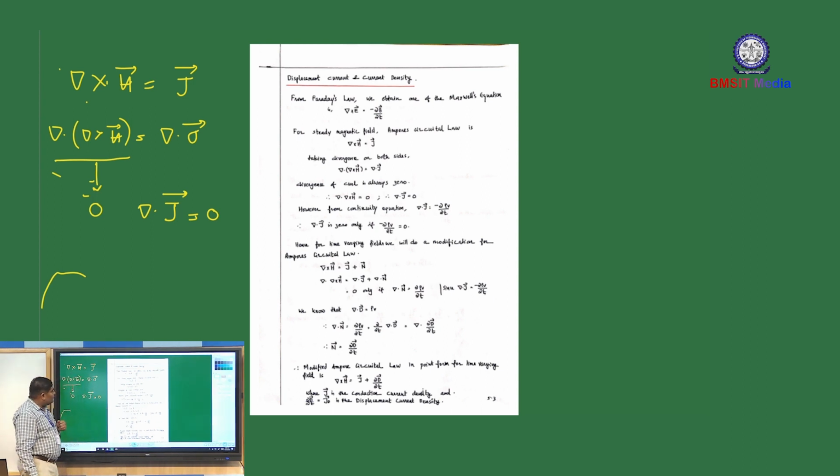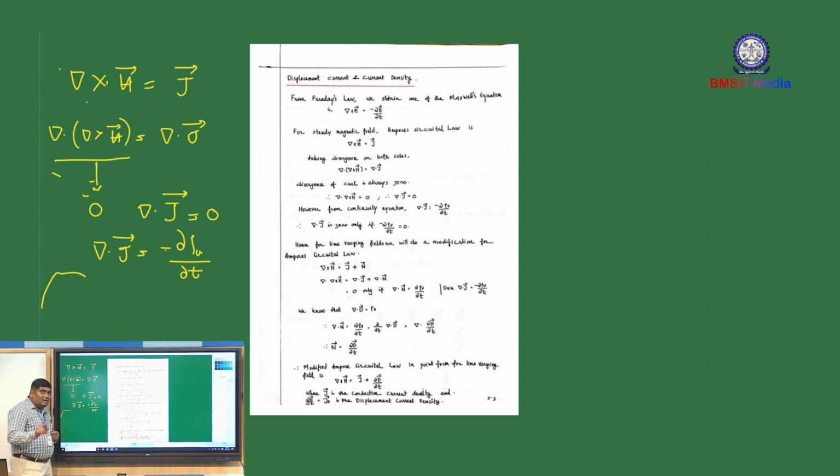However, using the current continuity equation we have written del dot J will be equal to minus dou rho V by dou T. That is, divergence of current density will be equal to, with negative sign, the variation of volume charge density with respect to time, right?